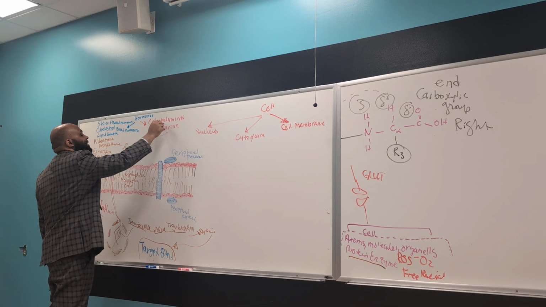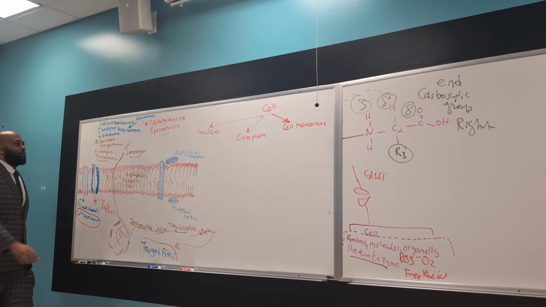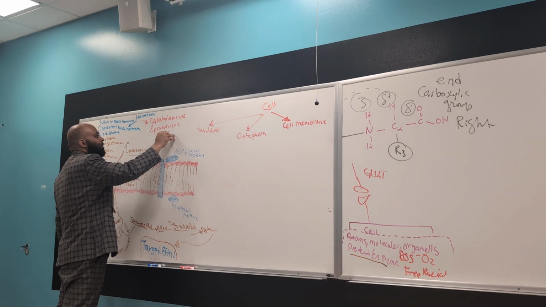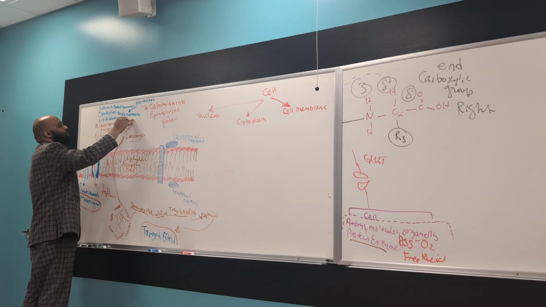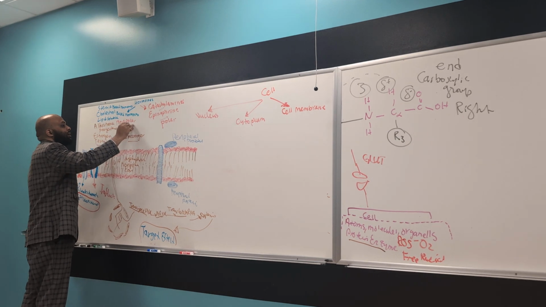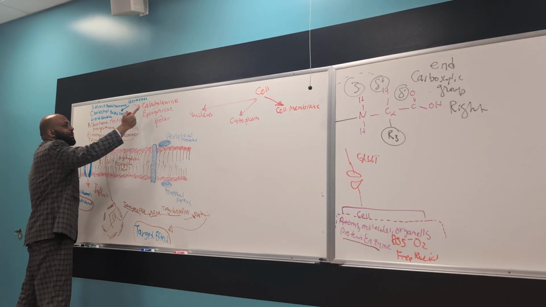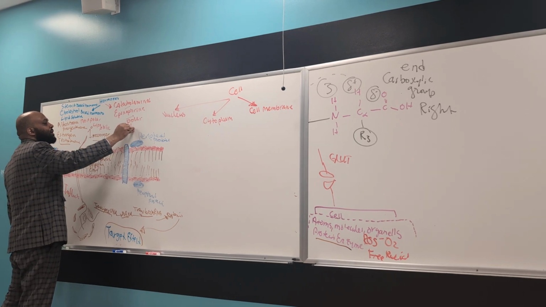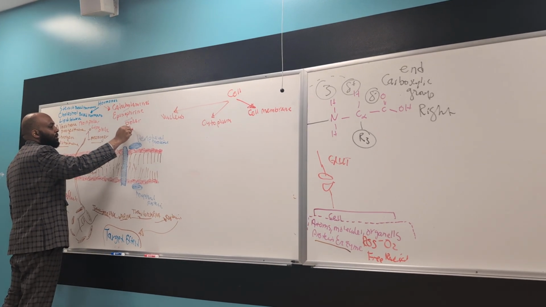So epinephrine is a type of hormone that is polar. Unlike the steroids, which are non-polar, these are lipophilic because they are non-polar, but the catecholamine is polar and it is lipophobic.